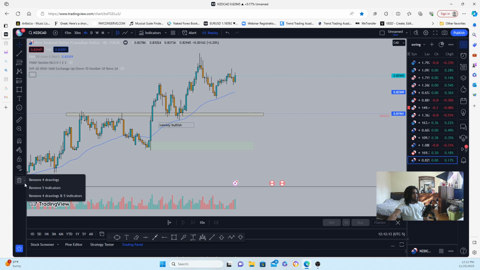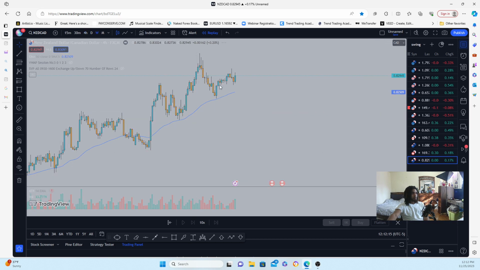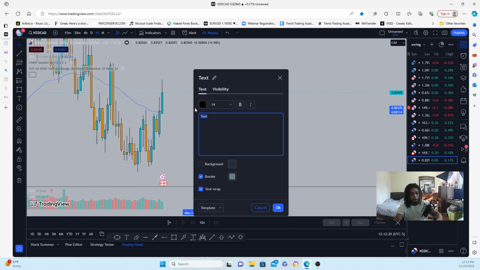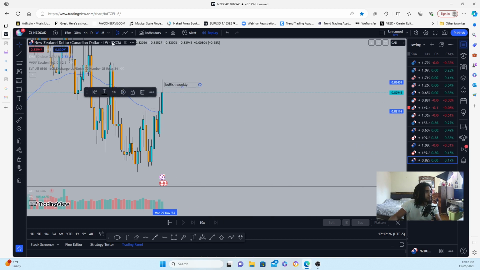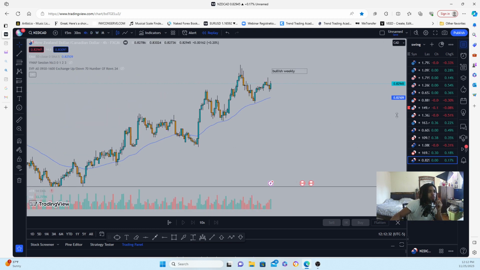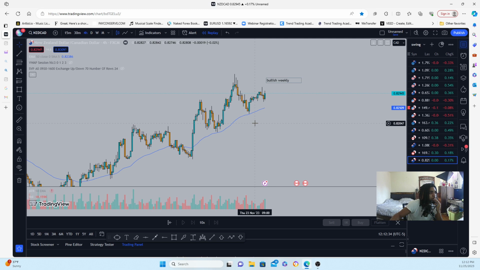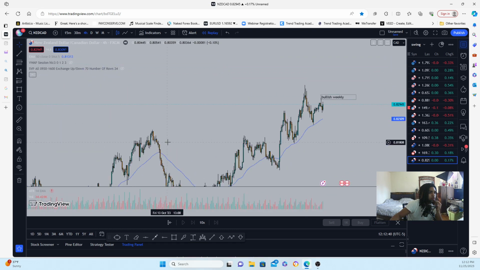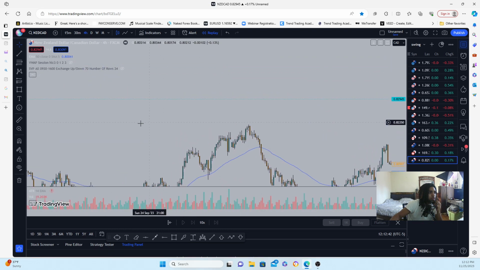NZD CAD. Weekly. Definitely some bearish, you know what I mean?